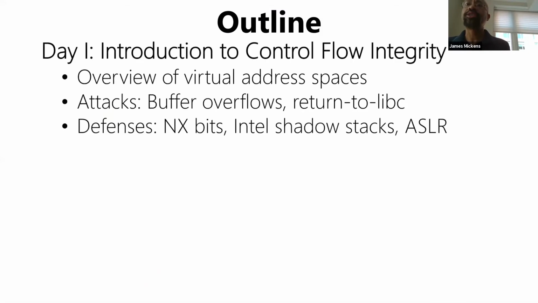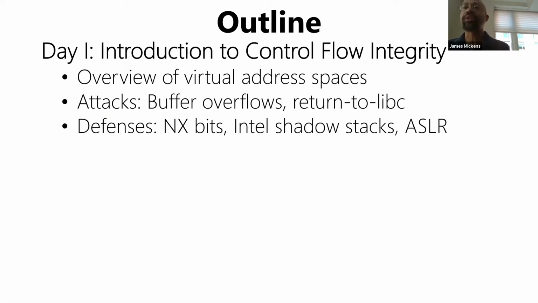So here's a basic outline for what we're going to talk about today and tomorrow. Today we're going to go through an introduction to control flow integrity. First I'm going to refresh everybody's memories about how virtual address spaces work, what's inside of them, how that content gets managed by the OS. Then we're going to talk about some basic attacks against control flow integrity.